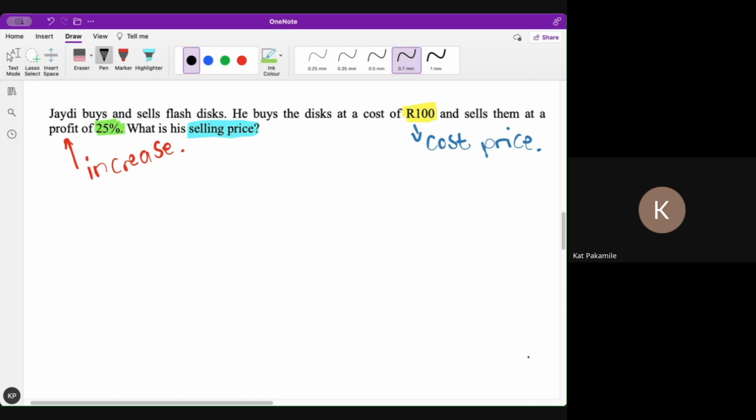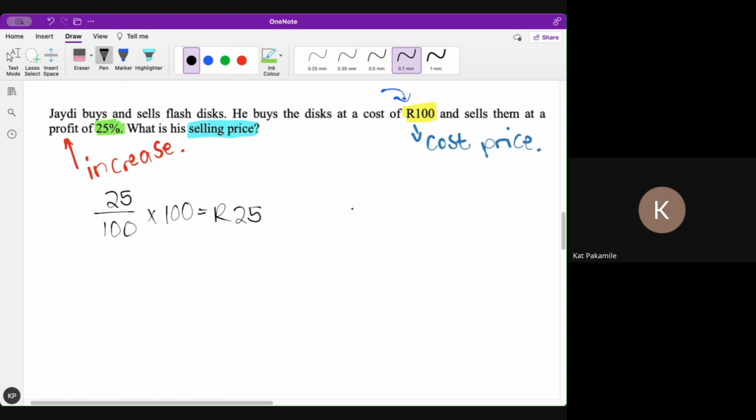Yes, it will be "of", because we have to say 25% of what? 25% of 100, guys, because your profit is the 25% of the cost price. So it's 25% of 100, and that means your profit is how much? 25 rands.